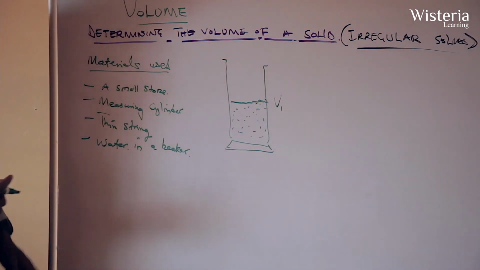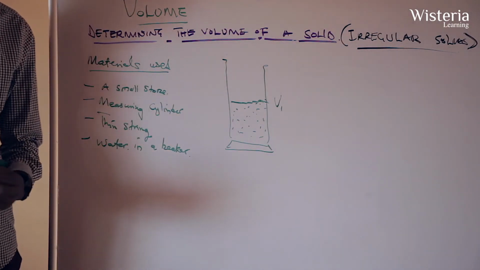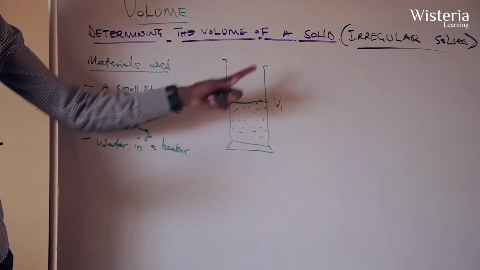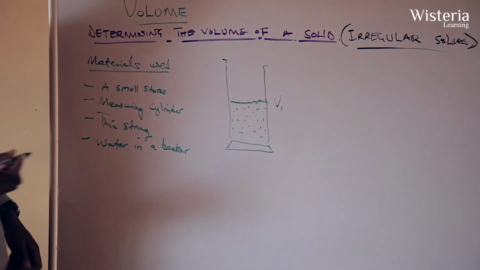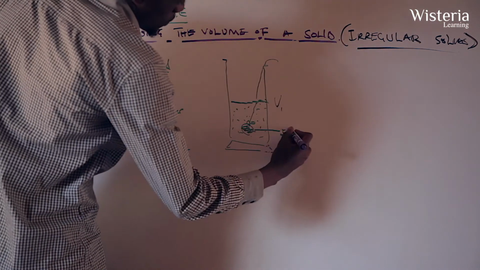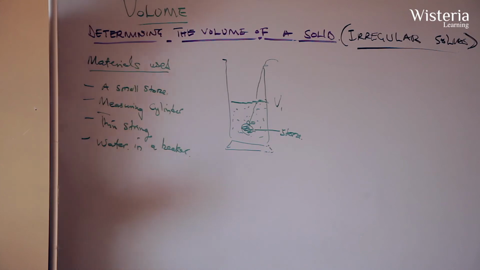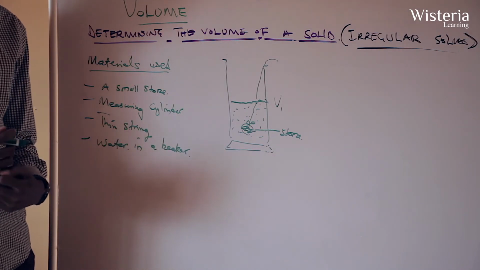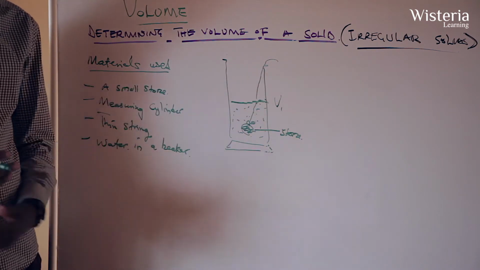V1. Then the next thing is you tie a stone to a thin string and gently lower it into the measuring cylinder. So you get a string, you tie it to the stone which you want to determine the volume for, and dip it into the measuring cylinder.